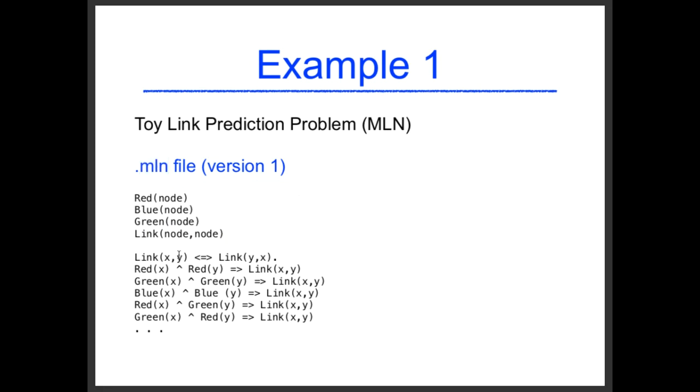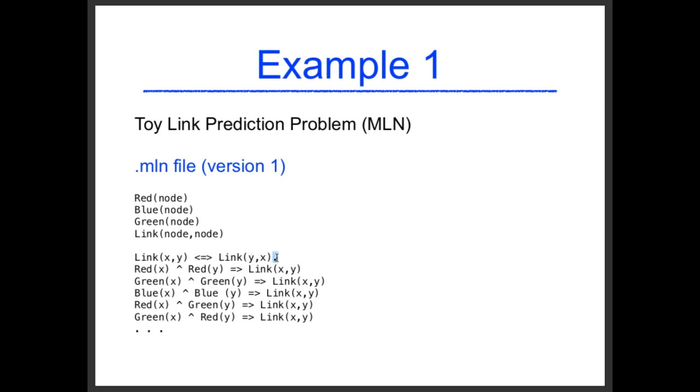Which are the possible rules? First of all, if you know that the link relation is undirected, so it's not directional, you would like to ensure that the relation is symmetric. So link xy is true if and only if link yx is true.